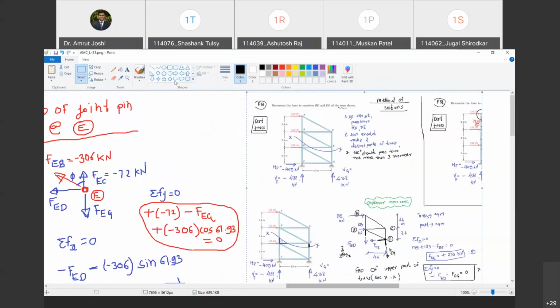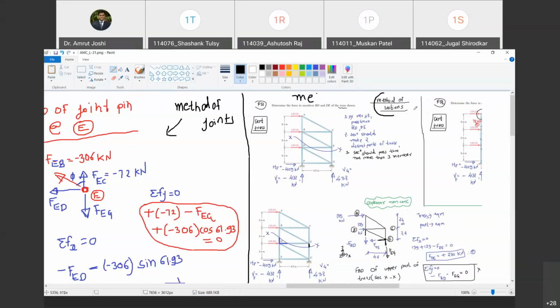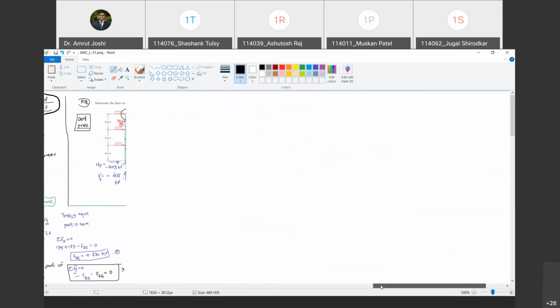This is just to make a comparison. Are you with me? Yes, sir. So this was method of joints, problem number 52, जो हमने अभी सॉल्व किया. Are you with me? Yes, sir. Joints. And now this was method of sections, जो यहाँ पे मैंने already mention किया है. Are you with me? Yes, sir.